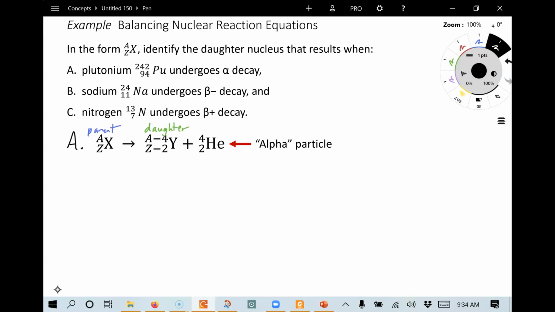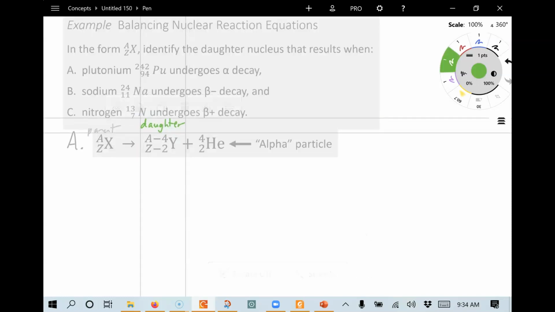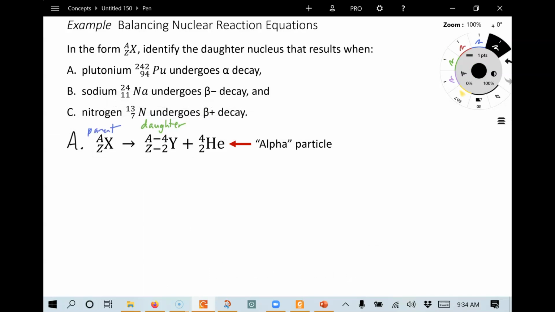Notice that in the general equation, if you add up the mass number, A minus 4 plus 4, you get A, so those are equal. That conserves mass number. Similarly, if you add up the number of protons, Z minus 2 plus 2, that gives you Z, so we've conserved charge here as well. Same number of protons before and after.